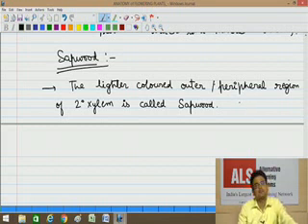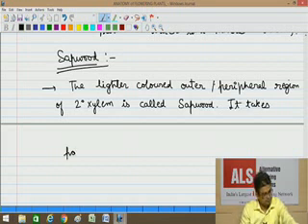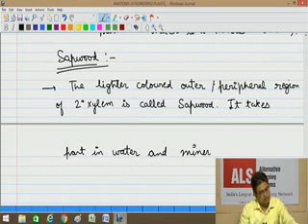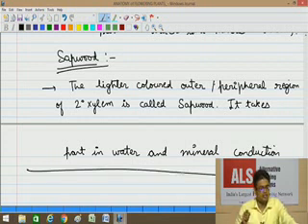It is involved in water and mineral conduction. It takes part in water and mineral conduction. It is having living cells also. With this, finally, secondary growth in dicot stem is completed.